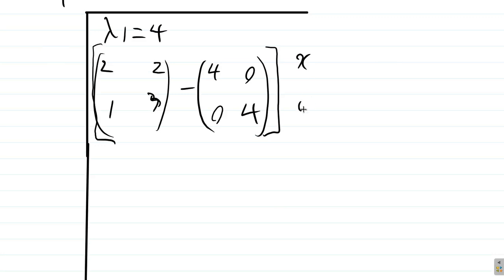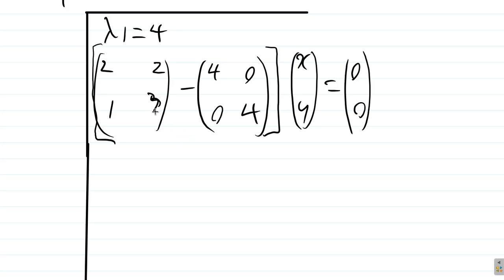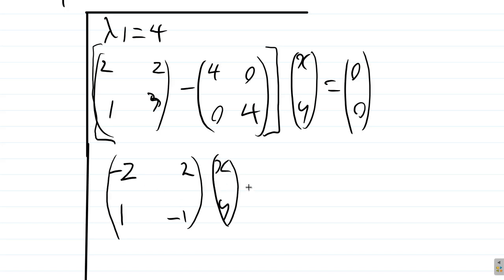Subtract these. 2 minus 4 is negative 2. Then you have 2 minus 0 is 2, 1 minus 0 is 1, and 3 minus 4 is negative 1, and xy equals 0, 0.